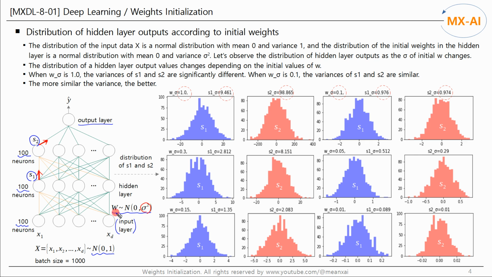The distribution of a hidden layer output values changes depending on the initial values of W. We initialize this neural network, but we do not train it. We fed data X into this neural network and observed the distribution of S1 and S2, which are the outputs of these hidden layers.